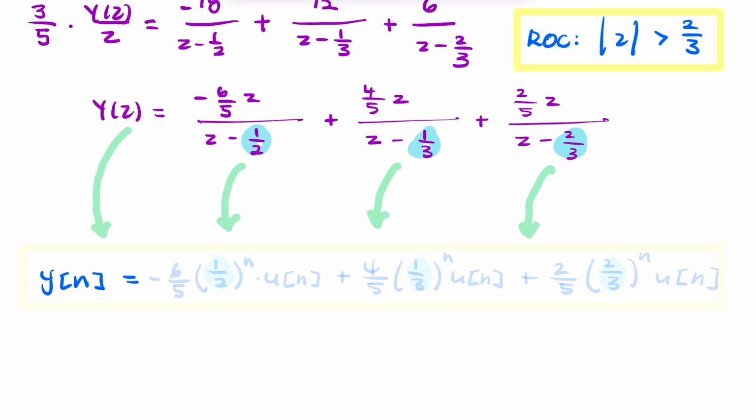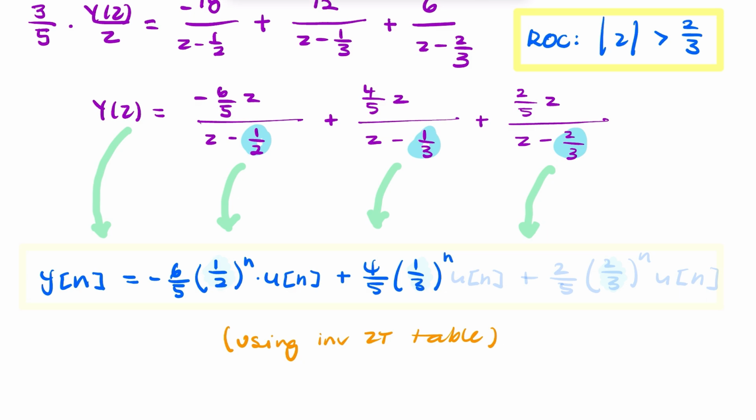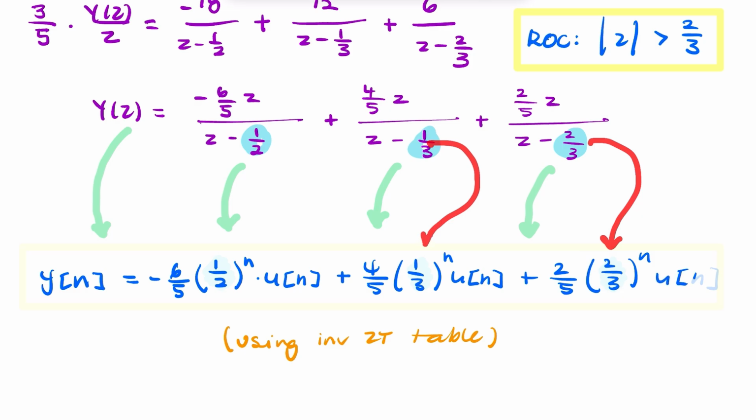Then you've got minus 6 over 5 times a half to the power n times u of n, plus 4 over 5 a third to the power n u of n, and the last term is 2 over 5 2/3 to the power n u of n.